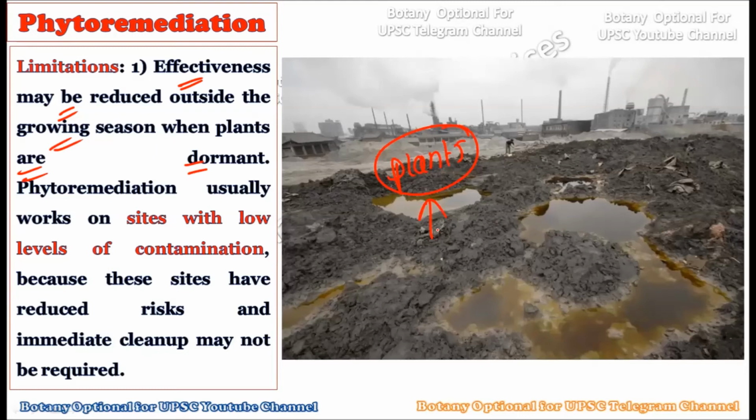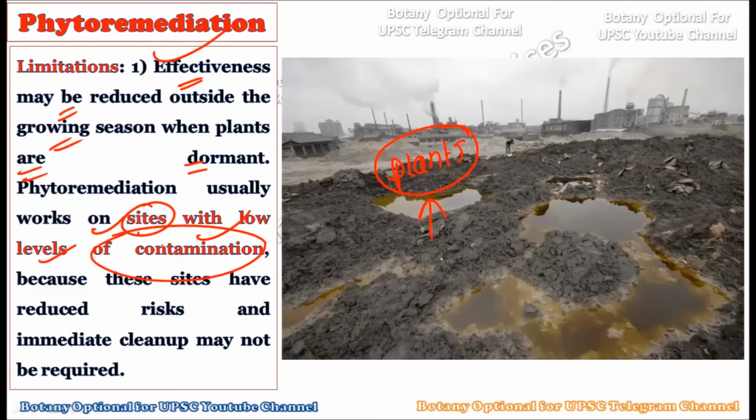Now phytoremediation works on sites with a low level of contamination. This is the second problem. If a low level of contamination is there, then and only then phytoremediation is going to create its magic. But if there is much contamination on that site, then the majority of plant species will not be able to grow there.